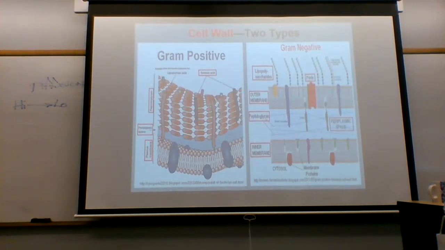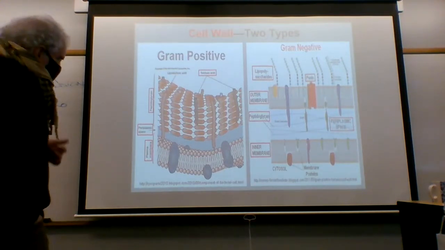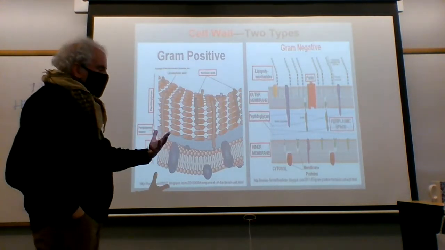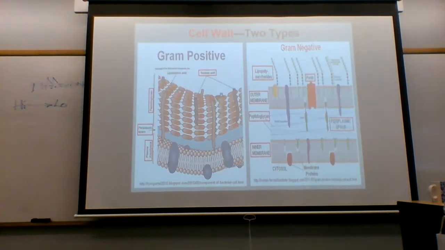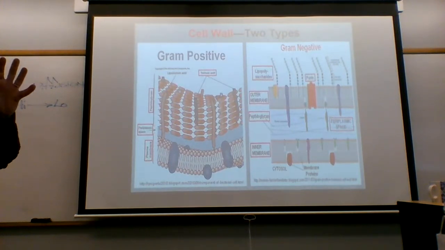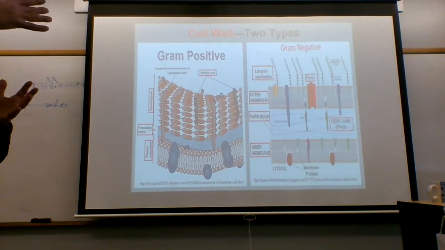The main thing is, when we begin to break down the cell walls of bacteria, we have two types that are based on something called a gram stain. And the gram stain, which we'll hopefully get to next week, is a stain that depends on the wall being present in a gram positive.